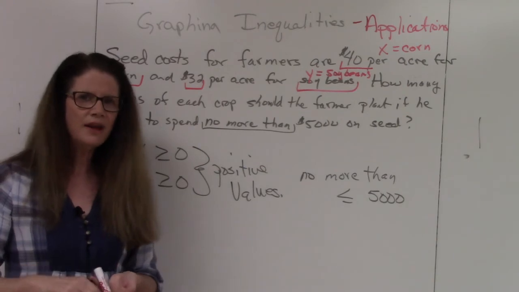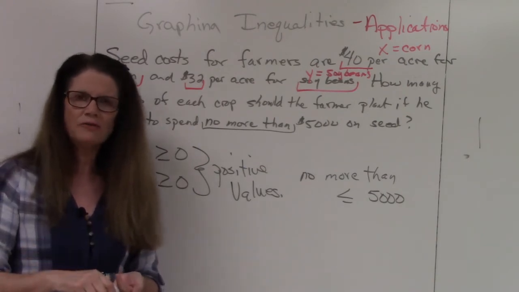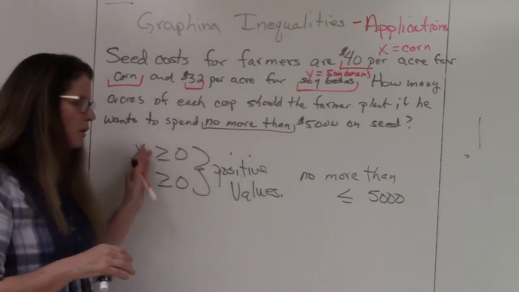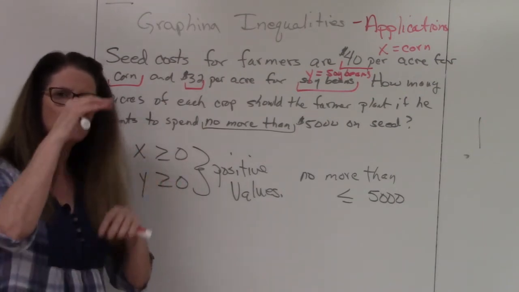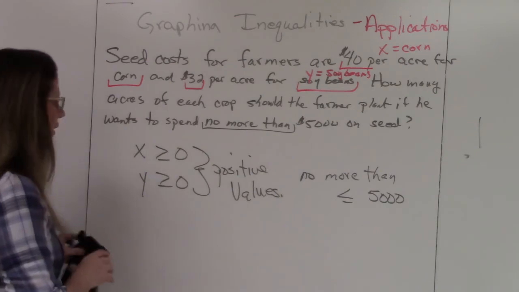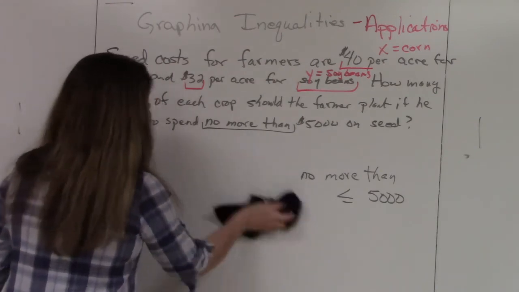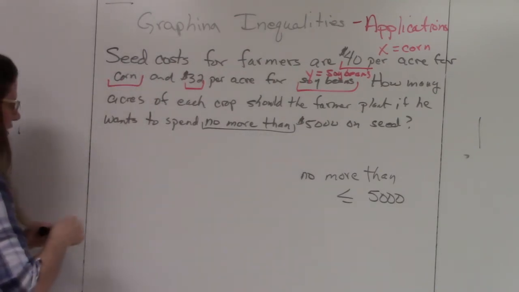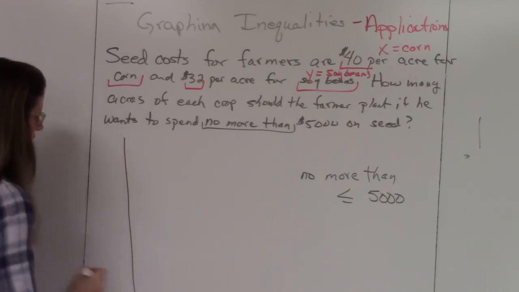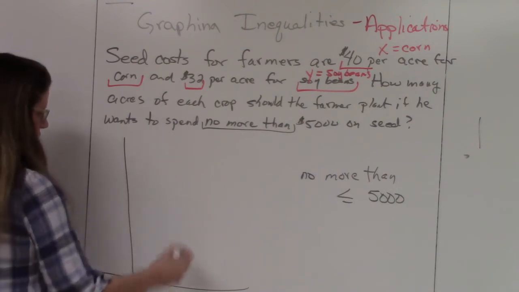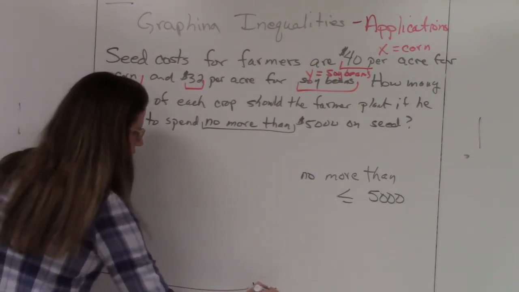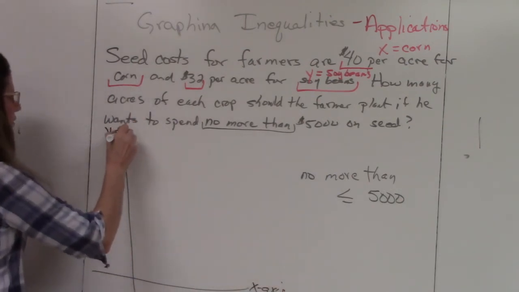You can't have negative distance. You can't have negative payroll. So when you see X and Y greater than or equal to 0, all that means is we're dealing in the positive realm. So where you're going to graph is in the positive realm. So here is your Y, here is your X, and all we're doing is working in the first quadrant. That's all that means.